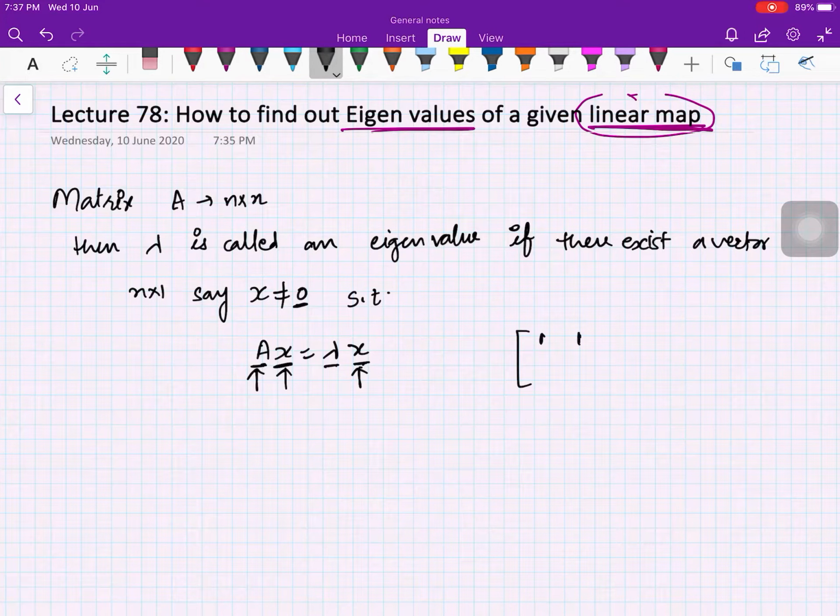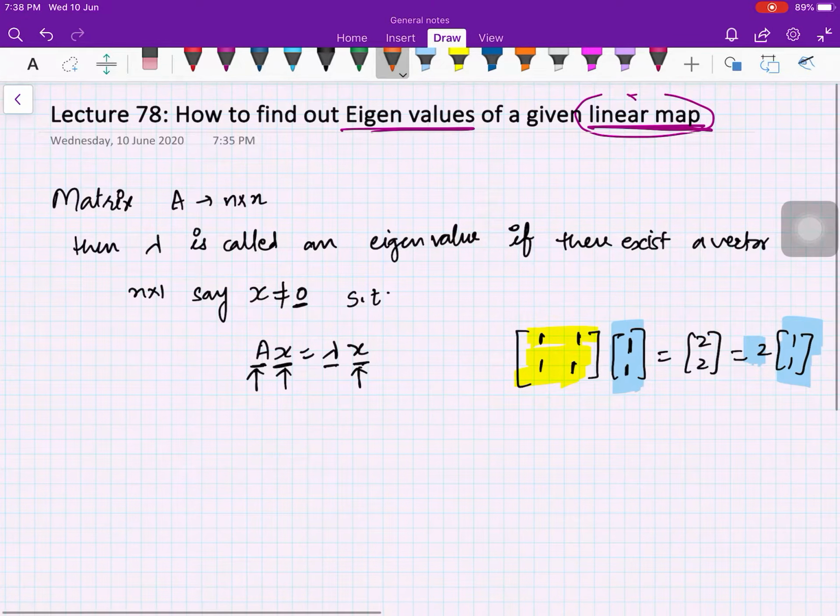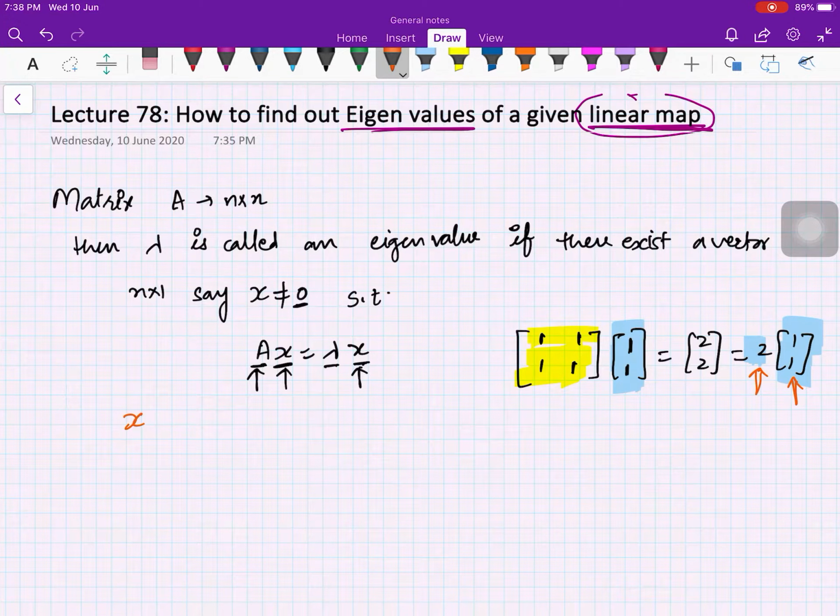I gave you an example in the second last video also. The matrix [1 1; 1 1] multiplied with the vector [1 1] gives [2 2], so you get 2 into [1 1]. Your matrix times the vector gives a multiple of the vector back, 2 times. So here 2 is an eigenvalue and x is the corresponding eigenvector.